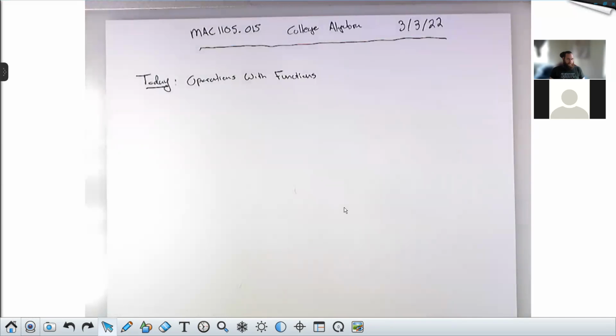What we're going to start doing today is exploring the algebra operations that people like to do to sets of functions. So just like you do algebra with numbers, right? You can add, subtract, multiply, and divide numbers. And when we talk about algebra, we let variables represent those numbers, and then we study how those operations interact with the variables representing numbers. Today, as we talk about operations with functions, we're going to start trying to understand the algebra of functions.